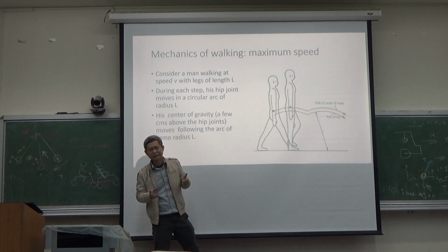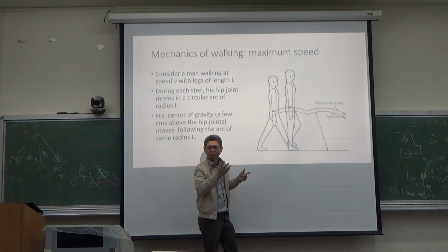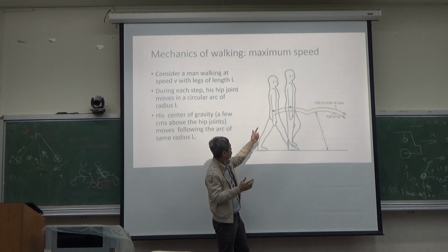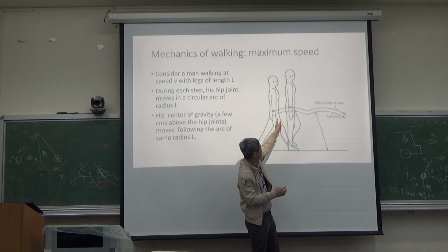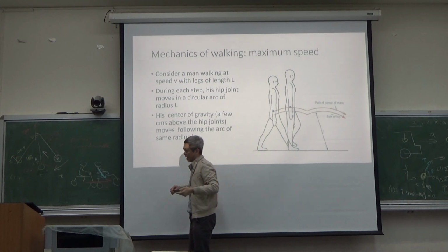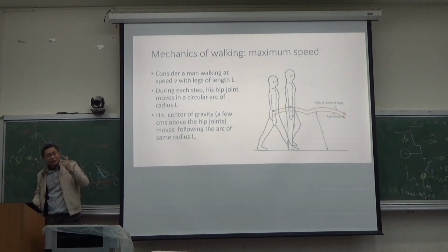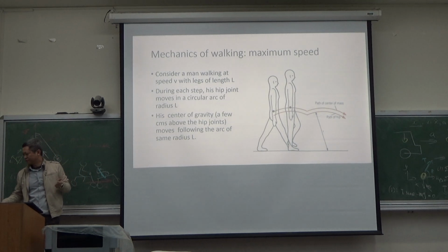What is a constant radius? You are an inverted pendulum. You walk with your leg fixed in length, and with your center of gravity moving up and down along the circular arc. And the tangential speed is your forward speed v.